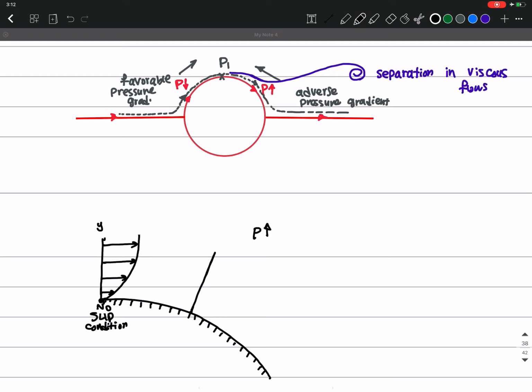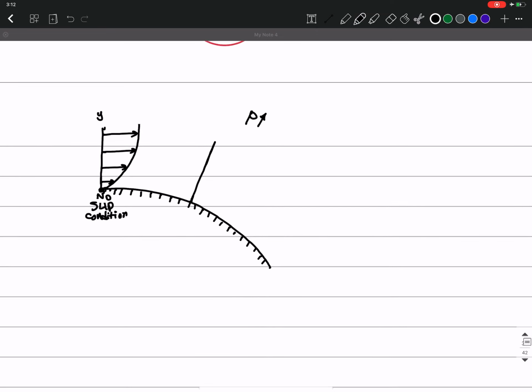So we have a pressure gradient force that acts against the direction of the flow. So we have a pressure gradient force in this direction, right? And I'm going to derive this actually. So let's look at that.